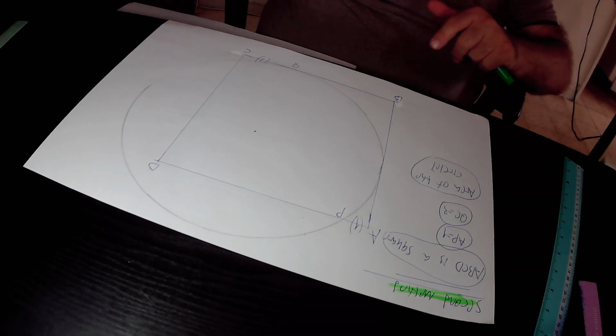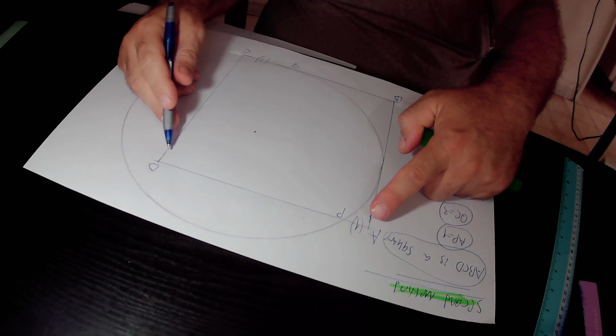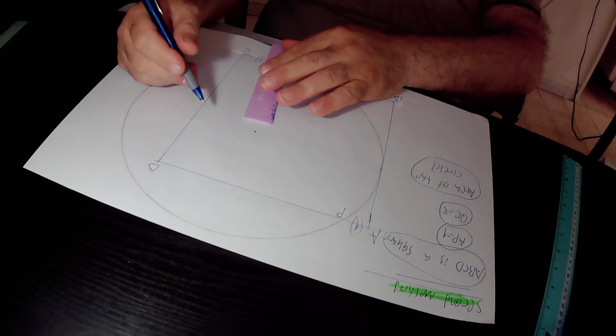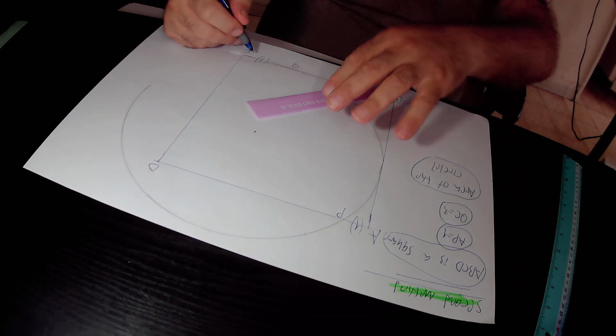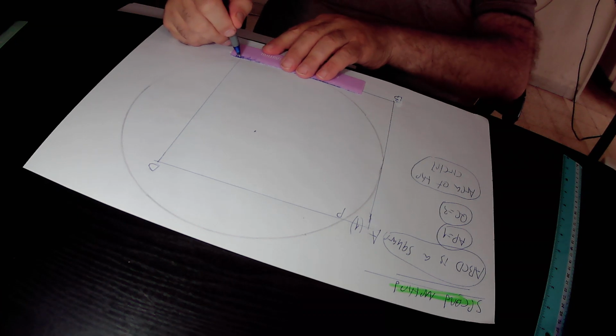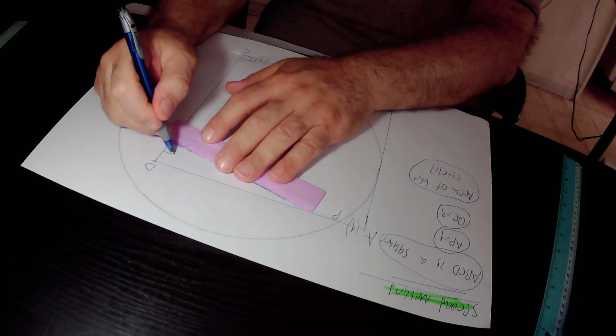So we know that ABCD is a square, therefore all those 4 angles inside square ABCD are right angles. So this is a right angle. This is also a right angle.